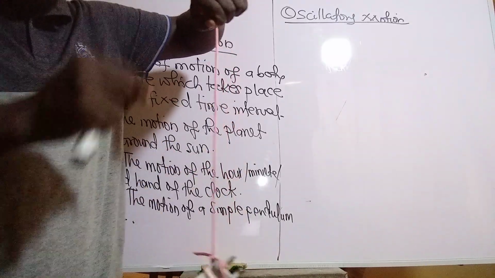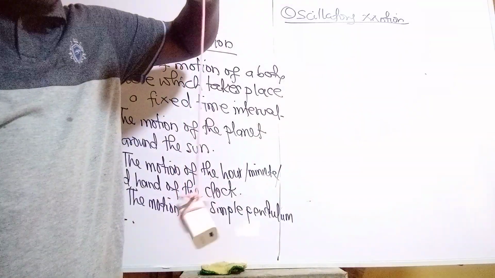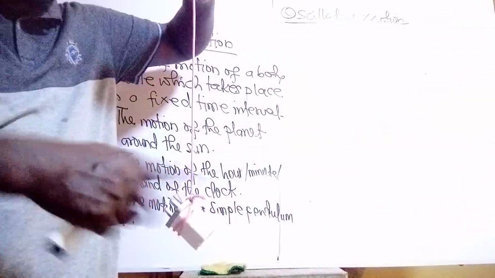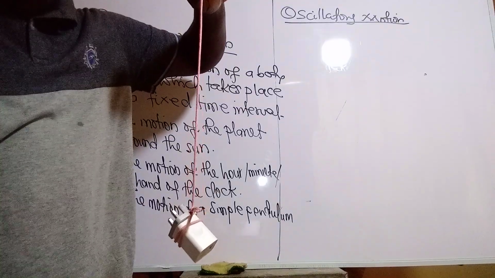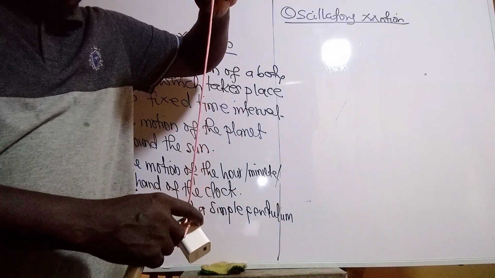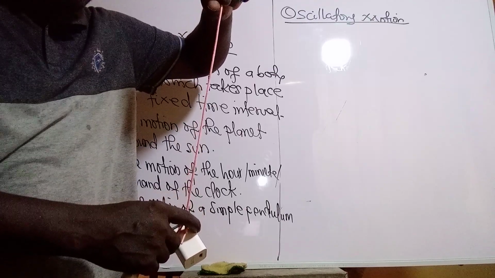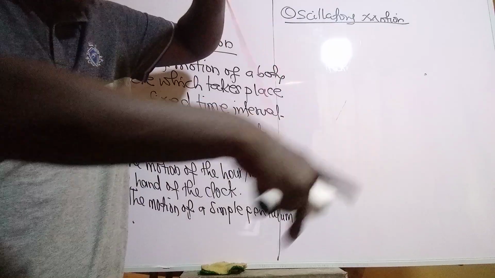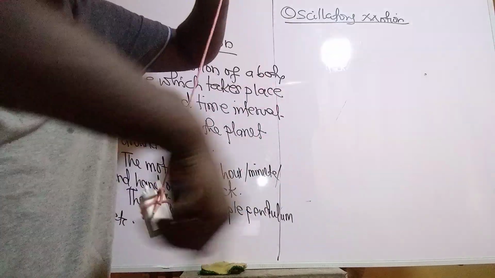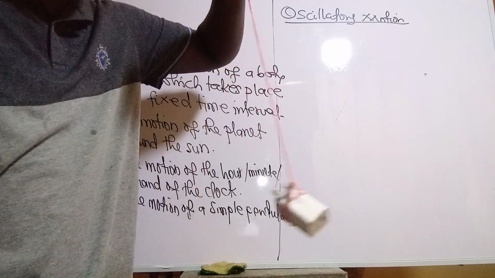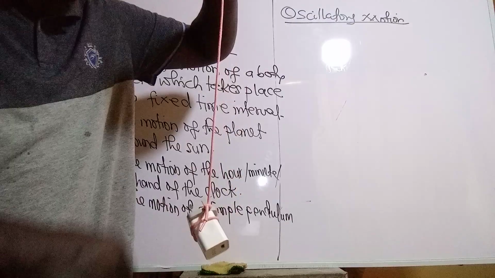If I connect one end of the string to a fixed point around which movement can take place, I have a simple pendulum. Now, if I cause a displacement of the object in one direction and leave it, you will see the repeated back and forth motion of the mass around a fixed, imaginary point.